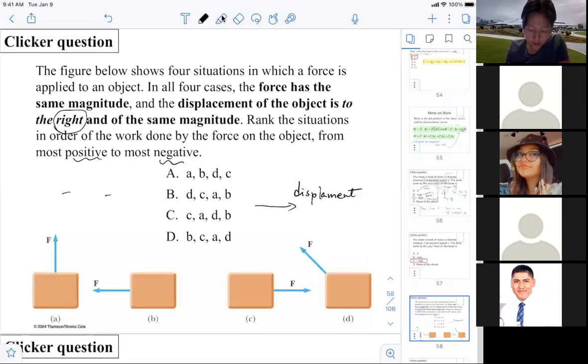If we establish that, we've kind of already ruled out the incorrect answers. But let's continue to figure them out one by one. C is most positive, and next, is there anyone that gives you 0 work?